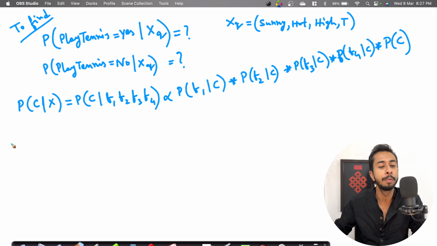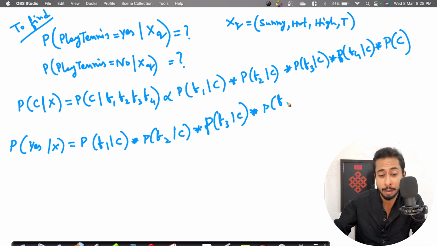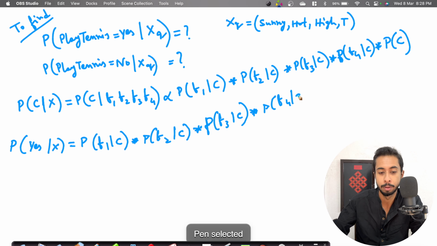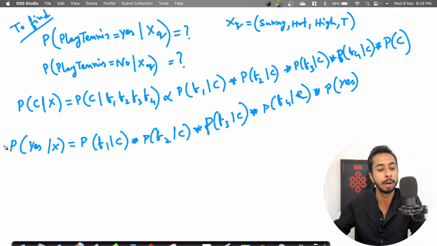Okay, so what we actually need to find out is the probability of yes given X, which equals the probability of F1 given C multiplied by the probability of F2 given C multiplied by the probability of F3 given C multiplied by the probability of F4 given C multiplied by the probability of C. Here in this case it is the probability of yes, since I am finding out for yes.